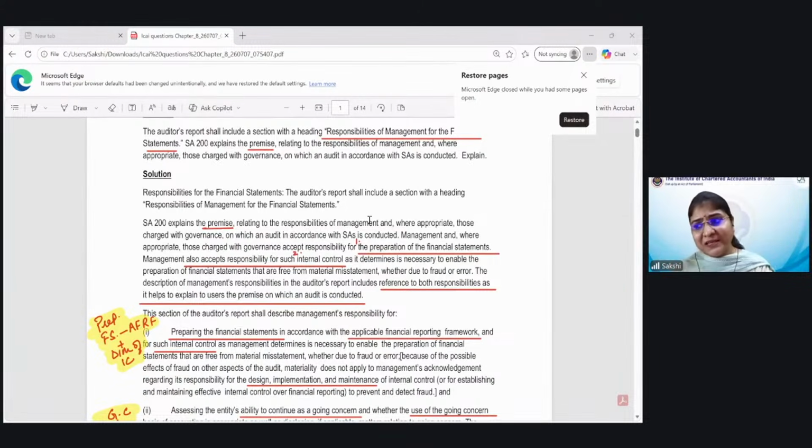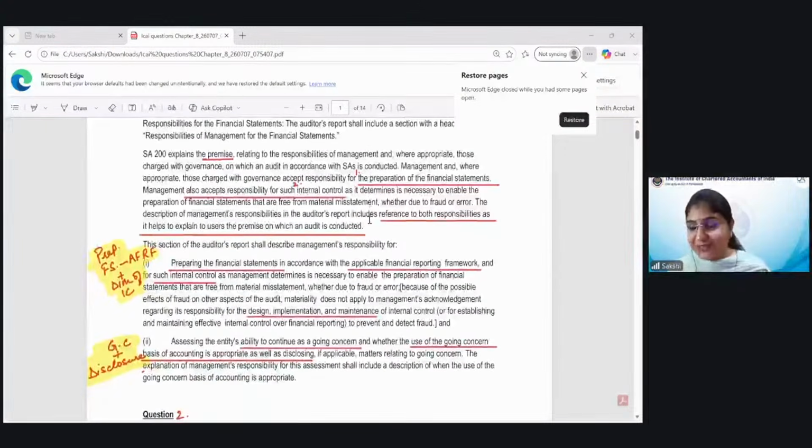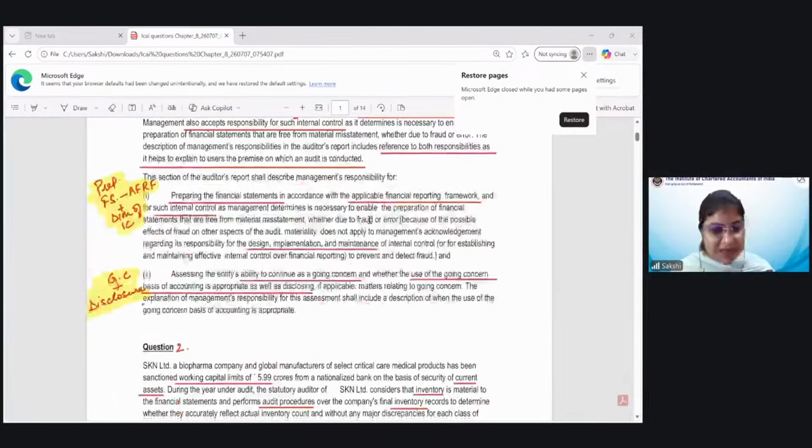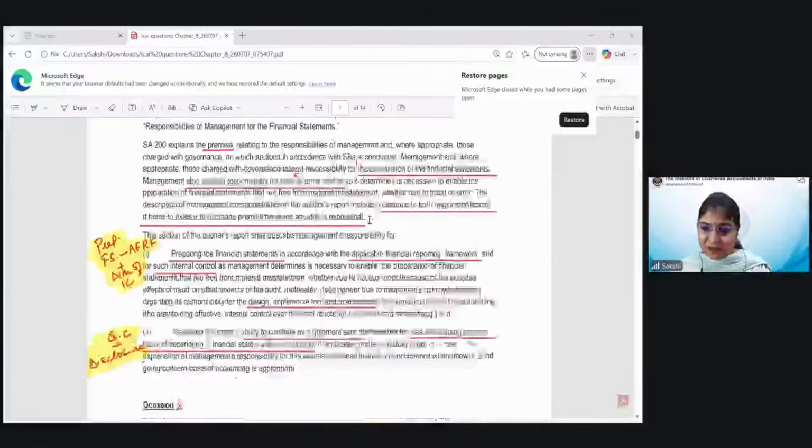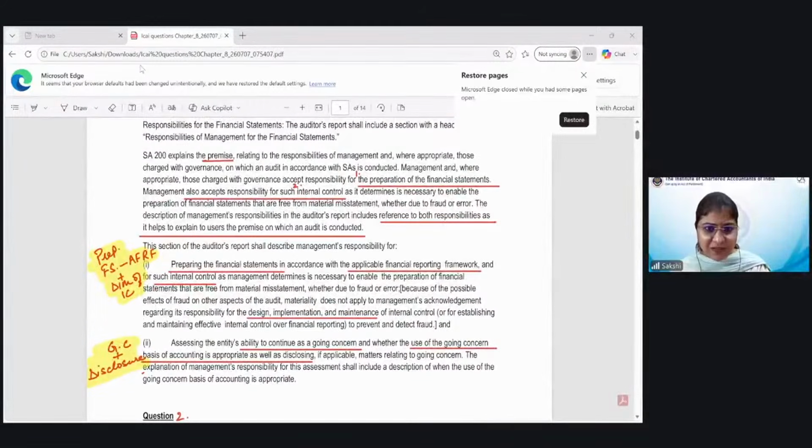The premise was preparation of financial statements and also accepting the responsibility of internal control, and then the responsibility of preparation of financial statements as per the applicable financial reporting framework, along with design, implementation and maintenance of internal control, and also whether the entity's ability to continue as a going concern and disclosure for the same. Is this clear to everyone? Should we proceed? All right, coming to the next question.